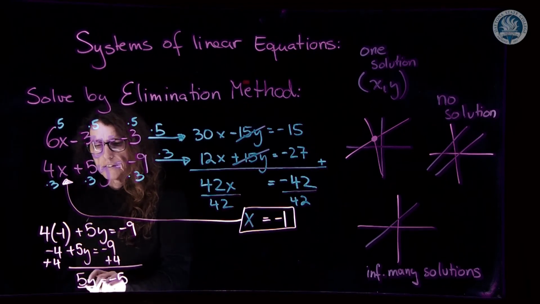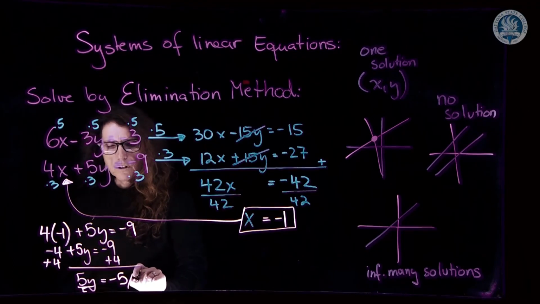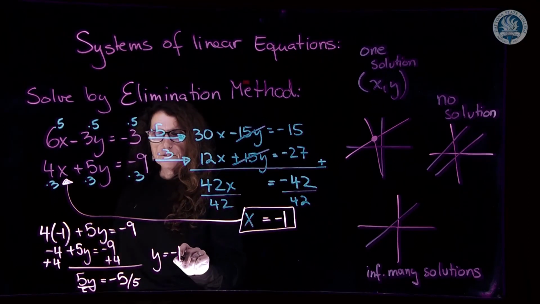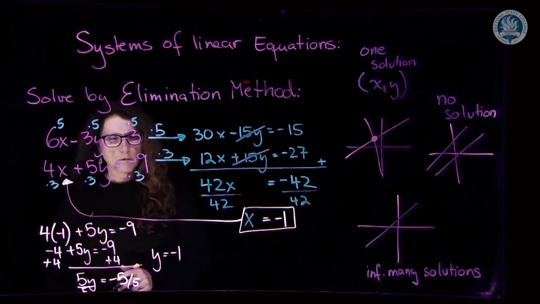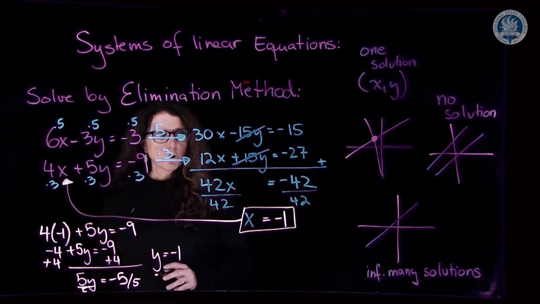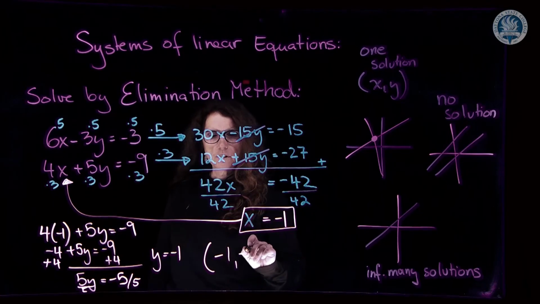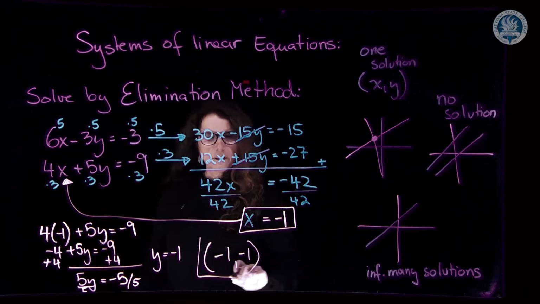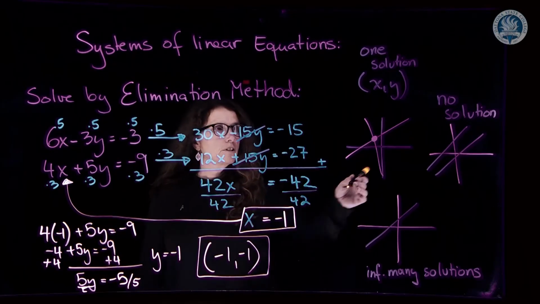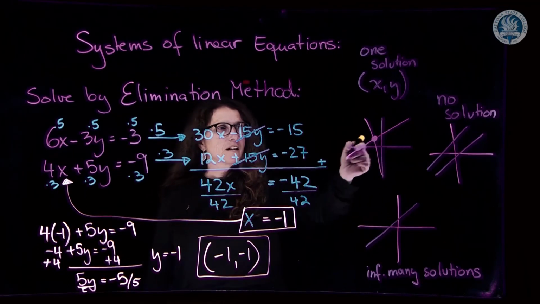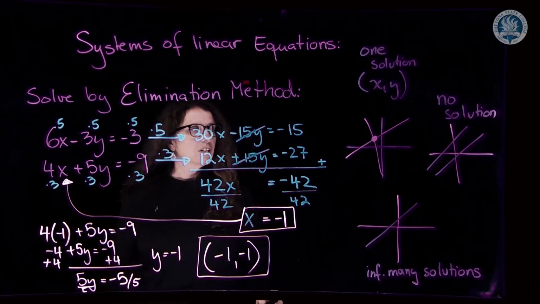Oh, look at that. Divide by 5. Y is also equal to negative 1. Negative 5 divided by 5. Therefore, our ordered pair is negative 1 comma negative 1. We get one solution, which is our first case, where the lines, if we were to graph them, intersect.